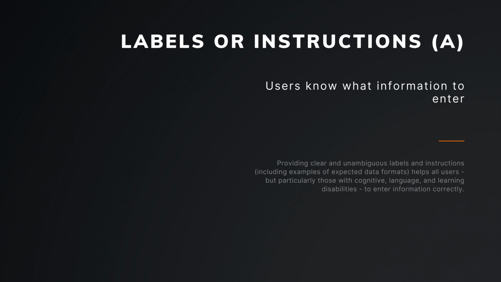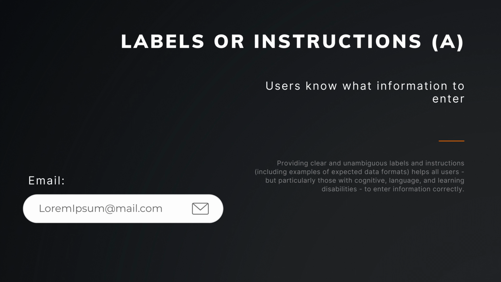When we fill out information on a website like our email, there should be clear instructions. For level A, these instructions are very important. The website should use labels and examples to guide us. This helps everyone, but it's especially important for people who find it hard to understand complicated instructions.